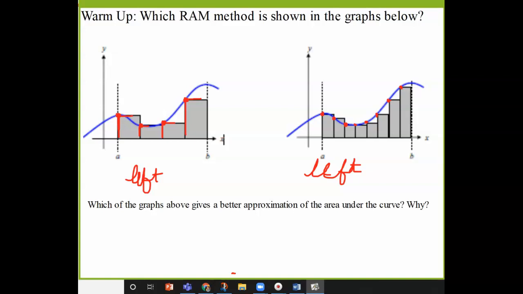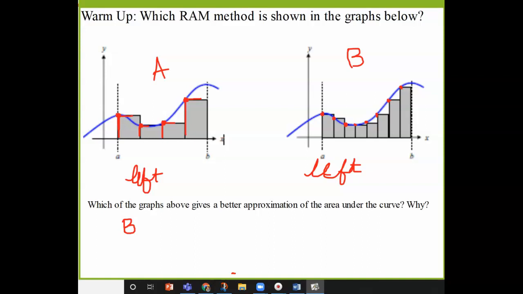And then it says, is graph A or graph B a better approximation of the area under the curve? Well, guys, graph B is the best approximation for the area under the curve because it has more rectangles. The more rectangles you have, the closer your areas are going to be to the actual area under the curve.